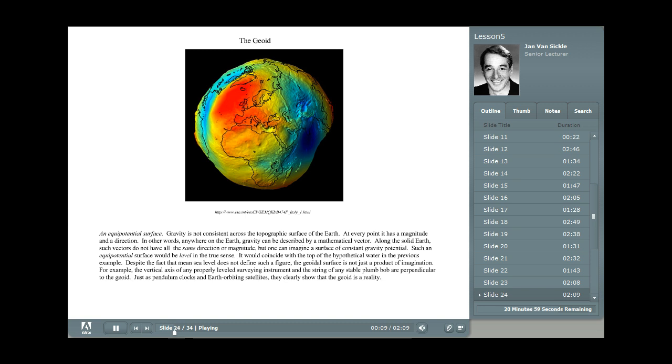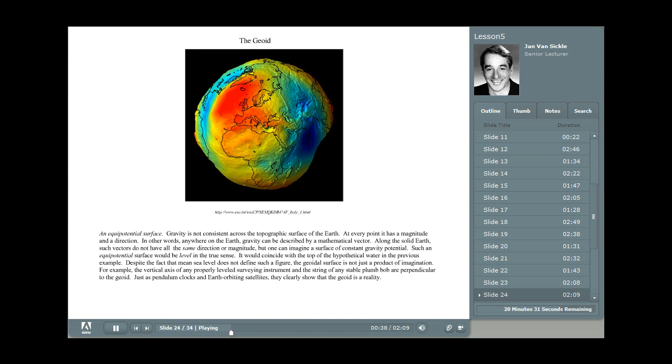As I said, the geoid is an equipotential surface, and as we see on this image, what a lumpy surface our Earth would be if we only considered gravity. Of course, this is exaggerated, but you can see that gravity isn't consistent across the entire topographic surface of the Earth. Everywhere it has a direction and a magnitude.